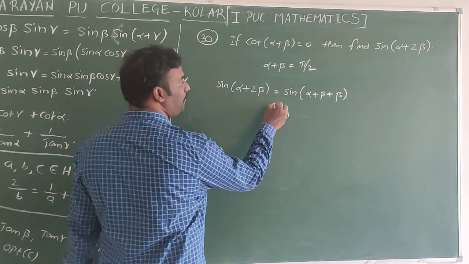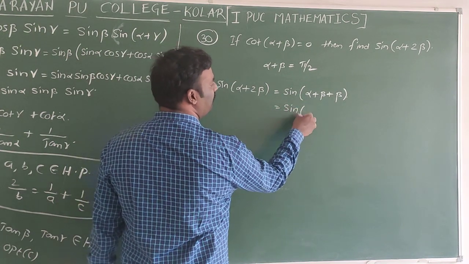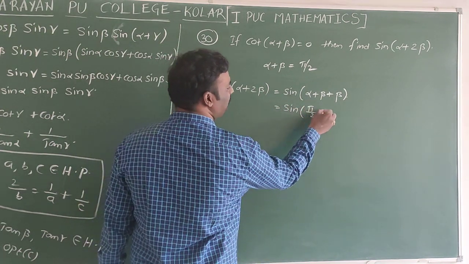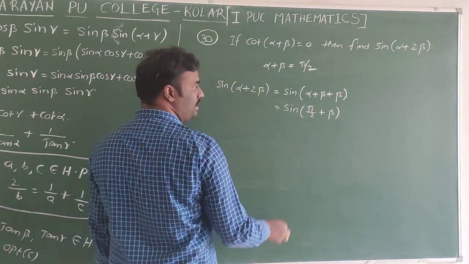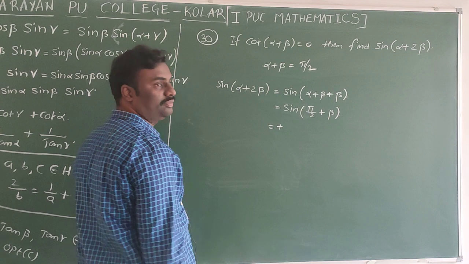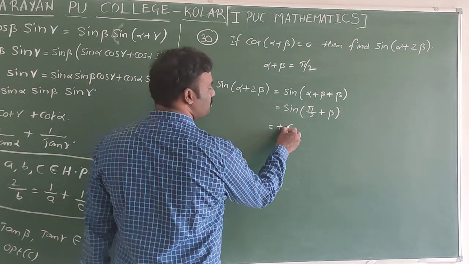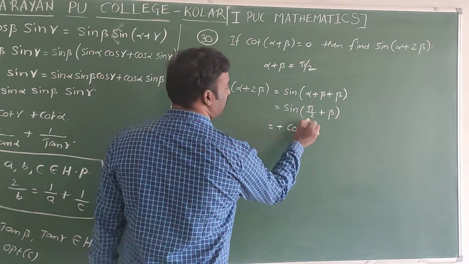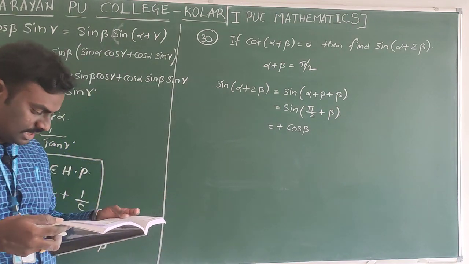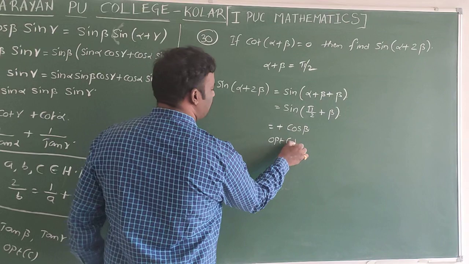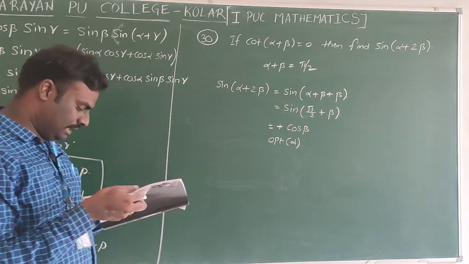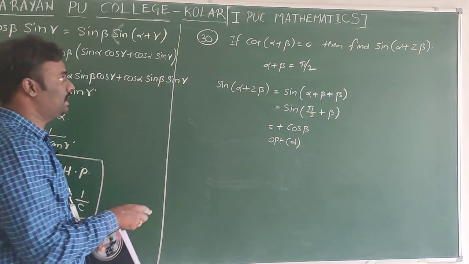Now here sine of alpha plus beta is nothing but 90 plus beta. 90 plus is second quadrant, sine is positive. For 90, function will change. Now sine is changed to cos. So finally the answer is cos beta, that is nothing but option D is the correct answer for question number 30. Next, question number 31.